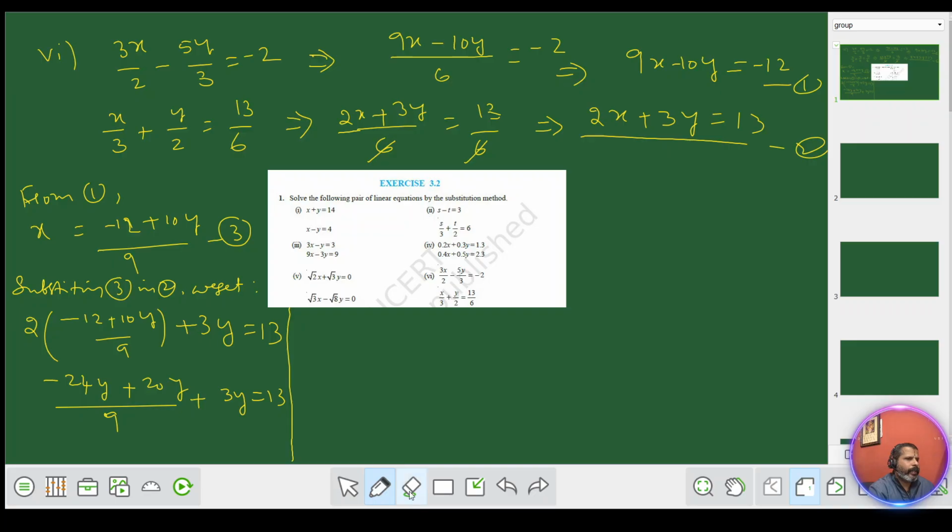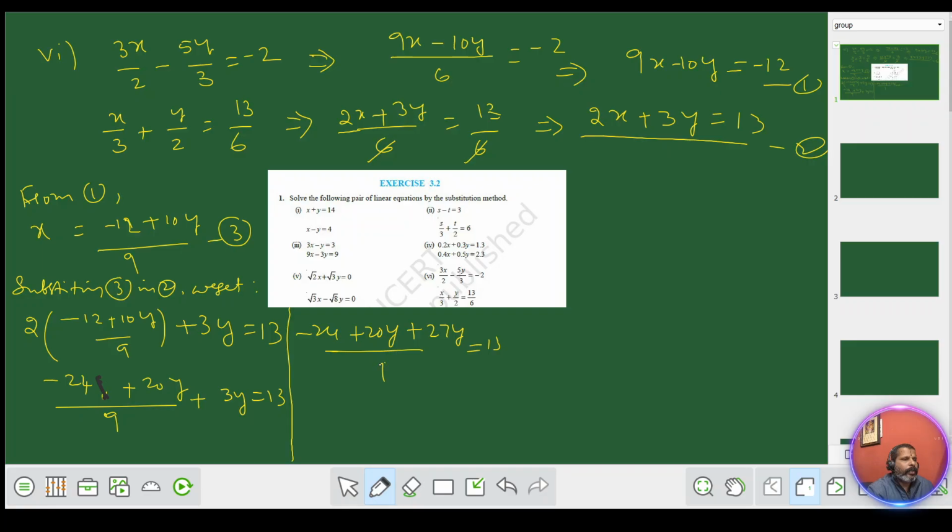Oh, sorry, there is no y with the 24 here. So it will become, take LCM. So minus 24 plus 20y plus 27y by 9 equal to 13. 1 9 is a 9, 9 3 is a 27y. Okay.